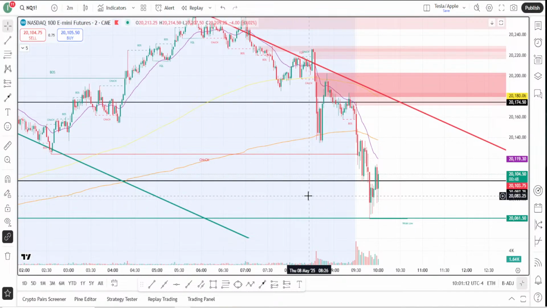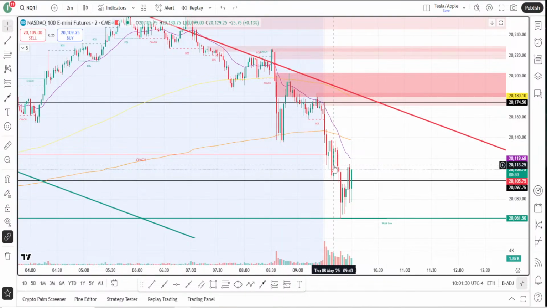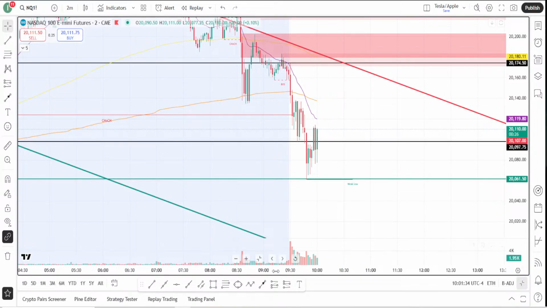We want to make it a habit to search for the best setups. Before price gets to my area of interest, I want to be thinking about where I want to buy, where I want to sell before price gets there. I don't want to buy and sell as price is moving. I want to determine, okay, price comes up here.